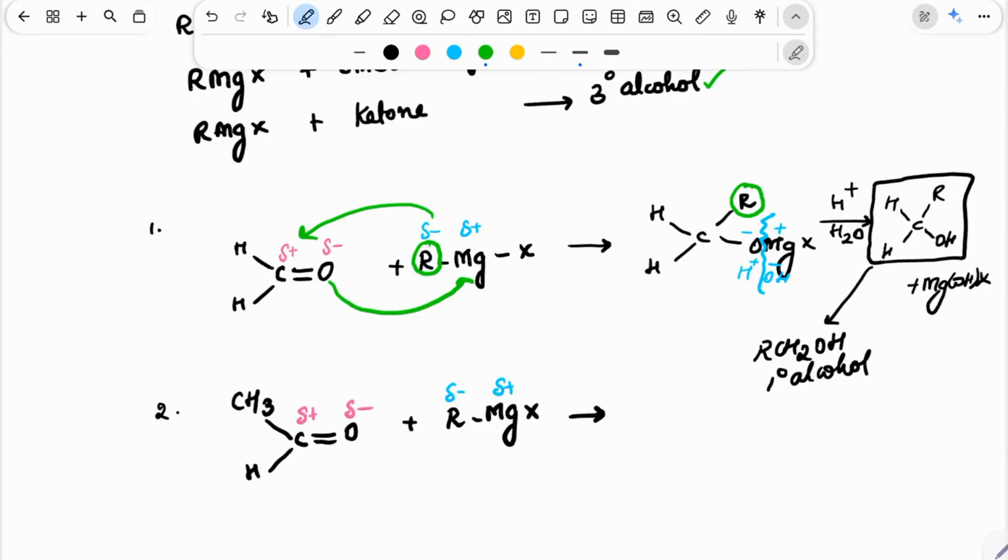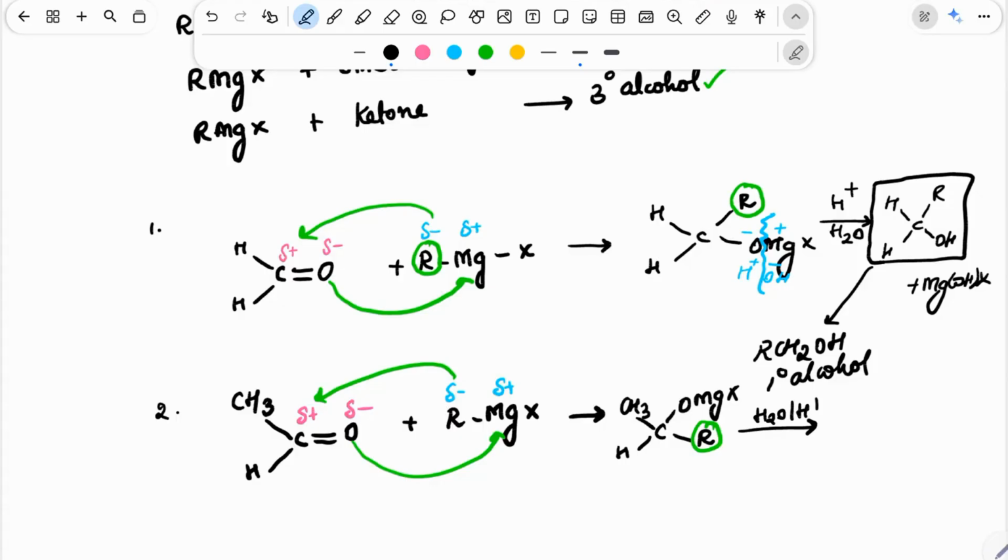So here partial negative charge on R, partial positive charge on Mg, and in the carbonyl carbon, positive charge, oxygen minus. Negative attacks positive. And we will get the addition product CH3CHO combined with MgX, and this R. This R is from the Grignard reagent.